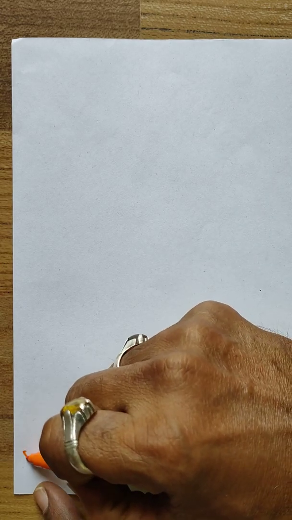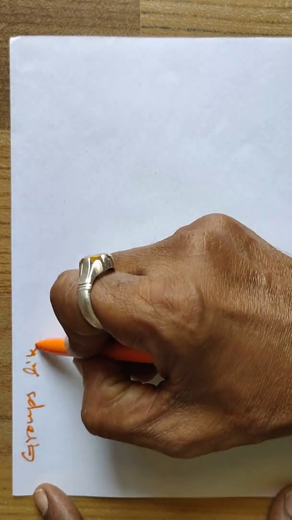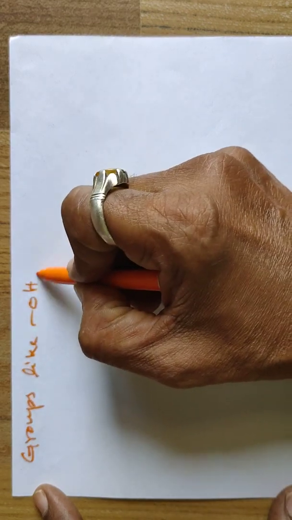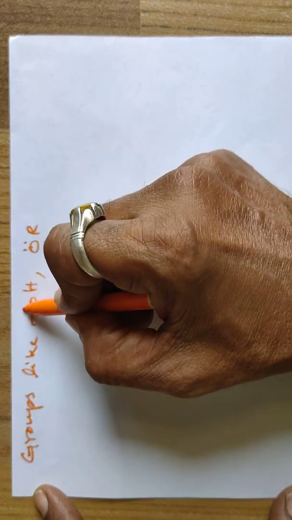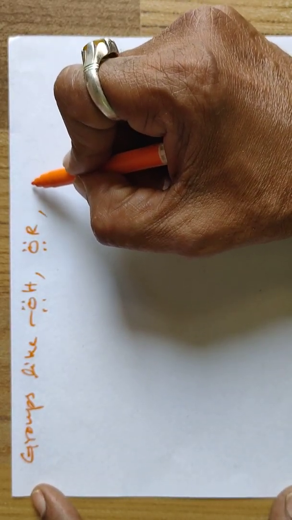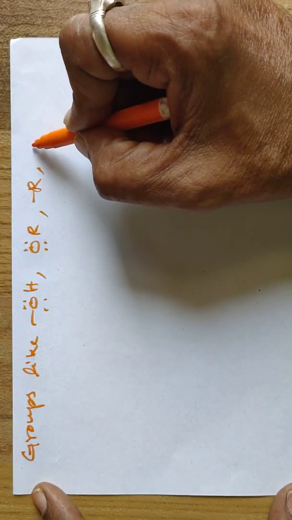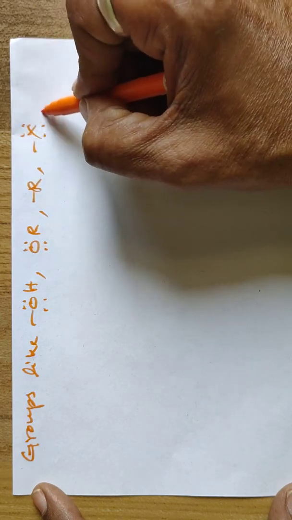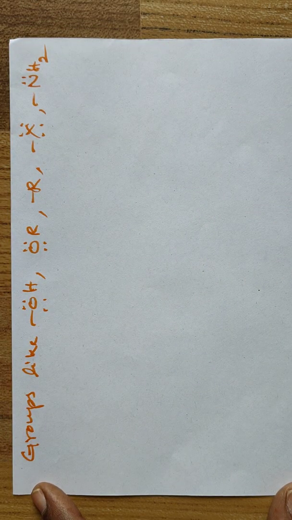groups like OH, OR, alkyl groups, halogen, amines, etc. What are these groups?